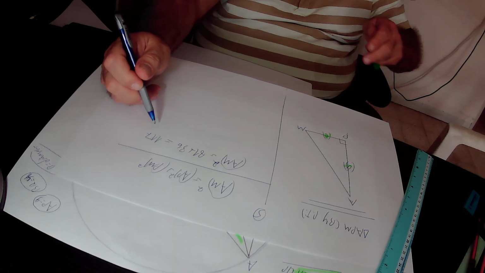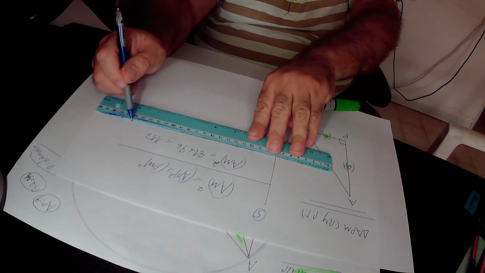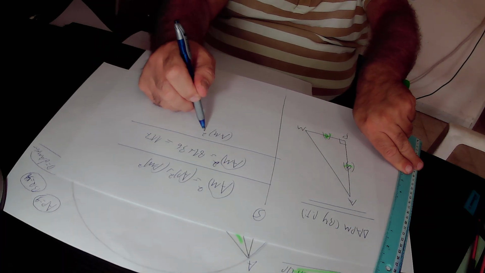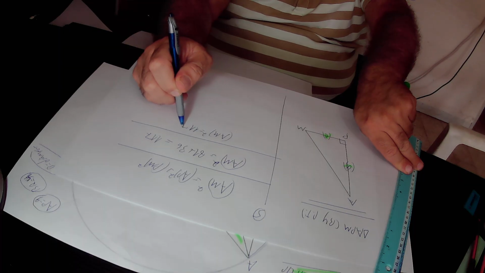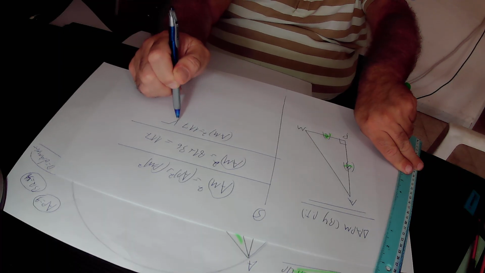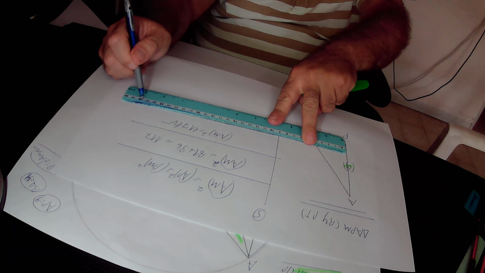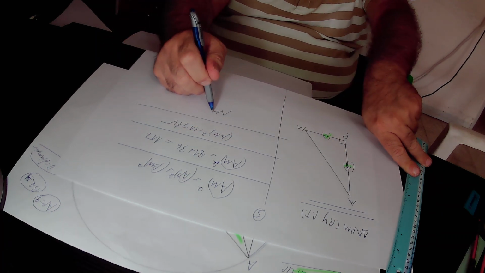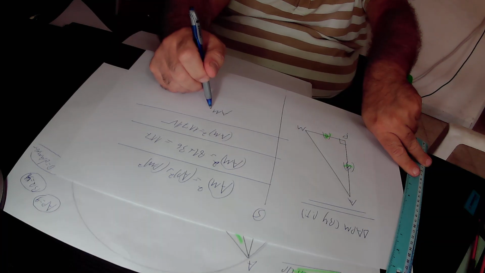So AM squared equals 117. Here we take the root of this equation and find again that the missing hypotenuse AM is equal to the square root of 117 units in its length.